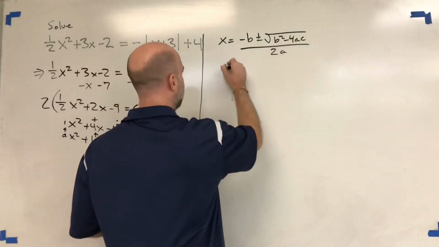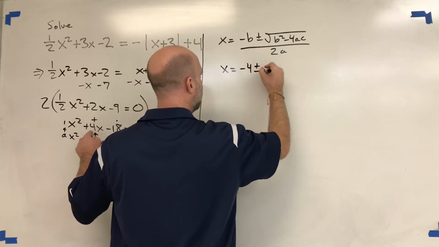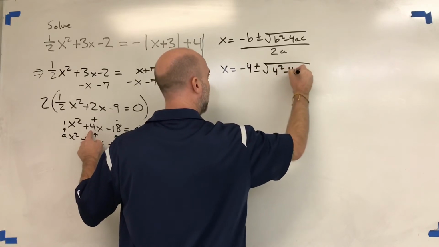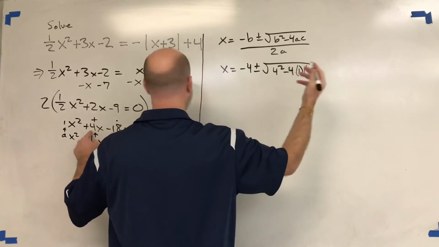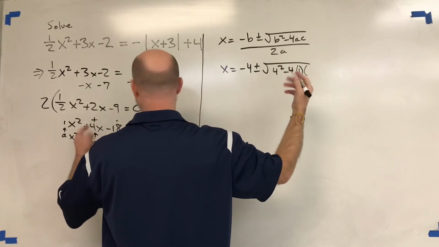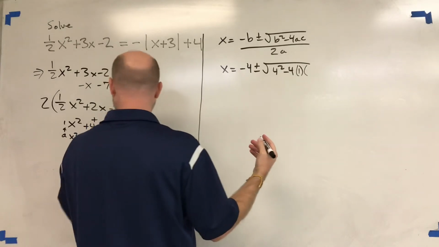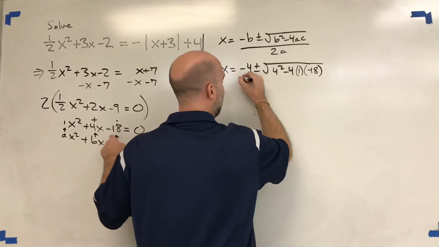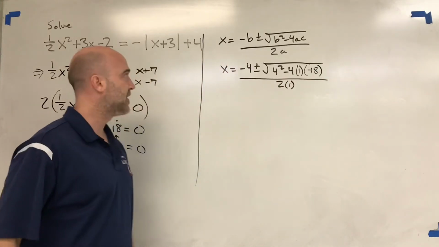So x equals negative 4 plus or minus the square root of 4 squared minus 4. A is 1. I'll just put it as a placeholder. Usually I leave it out though as a 1, but it's nice to see it just to make sure we're not making any mistakes. And our C is negative 18. All right, and it's all over 2 times 1. All right, still simplifying here.